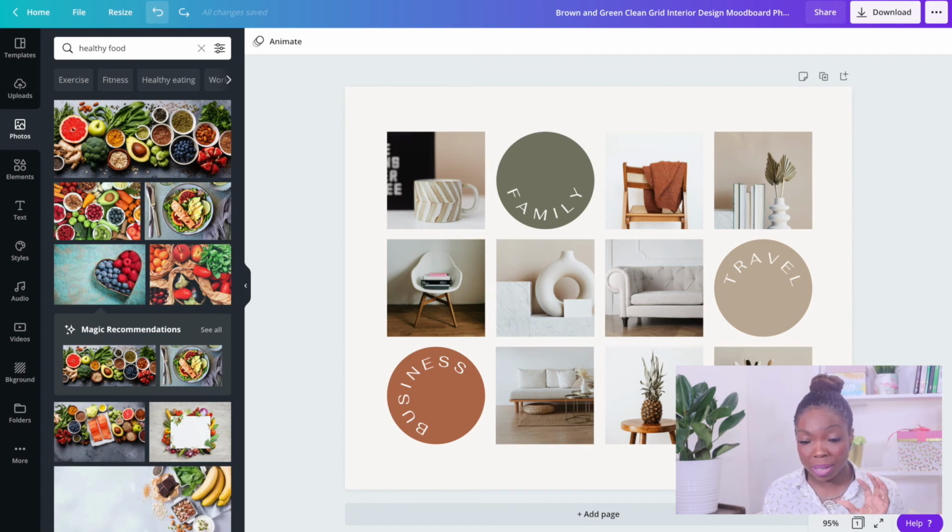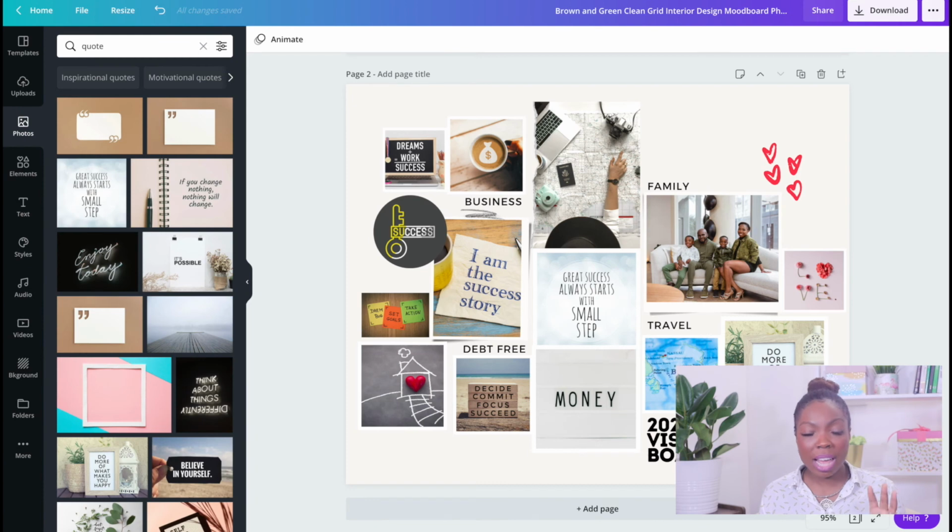It doesn't really matter, but I will add those keywords. The next thing I want to do is go back to the folder on my desktop and upload all of the images that I had saved initially into Canva and start moving them in place. I move each image one by one into place until I'm really happy with the way that it looks and it gives me joy and makes me feel excited.